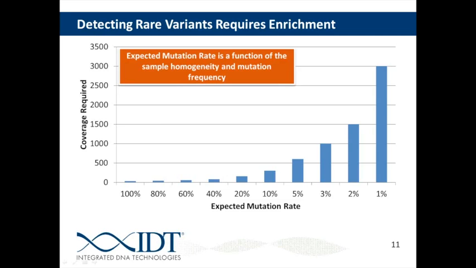So as an example, if you're doing cancer sequencing, when you take a tumor biopsy, you rarely have a 100% pure tumor sample. You can have up to 50% tumor cells with subclones within those cells, which cause you to have to detect a rare allele within that cell population, which then calls for increased coverage.